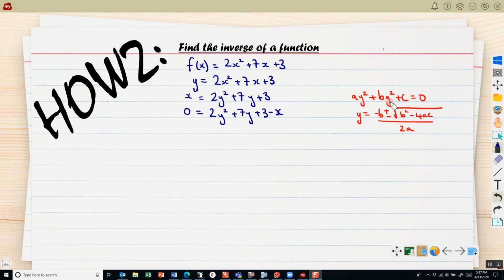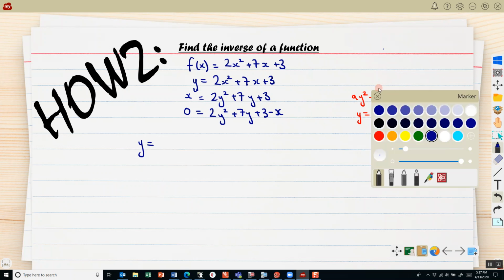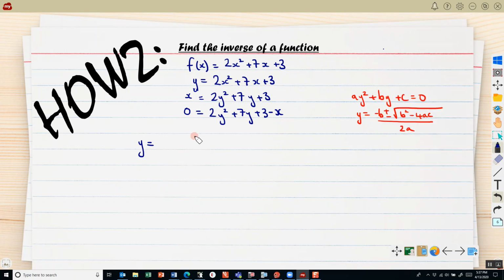Normally we would be doing it for x, but I'm just keeping it in the same vein as this one because we want to solve this for y. So negative b, so that's the number in front of, sorry, I've written that slightly wrong. Let me just fix it. Apologies. Okay, so b is the number in front of the y, so that is 7.